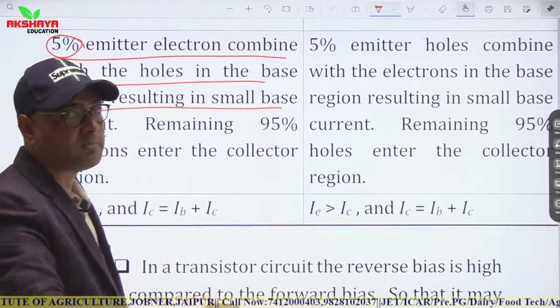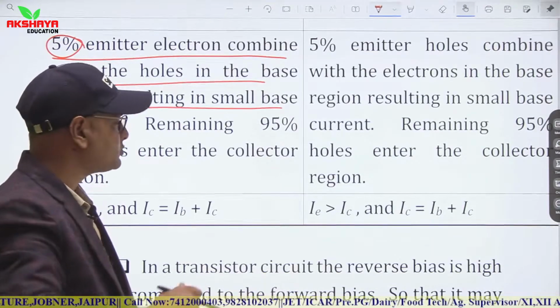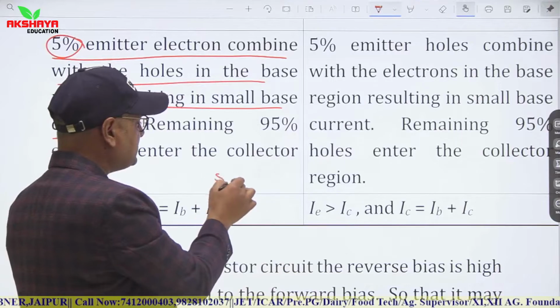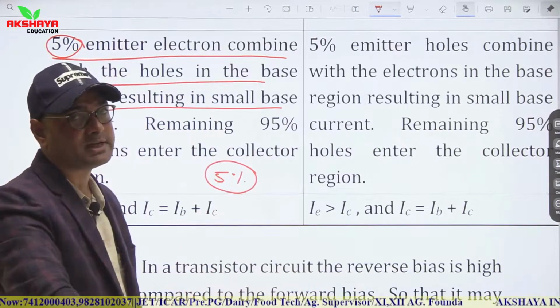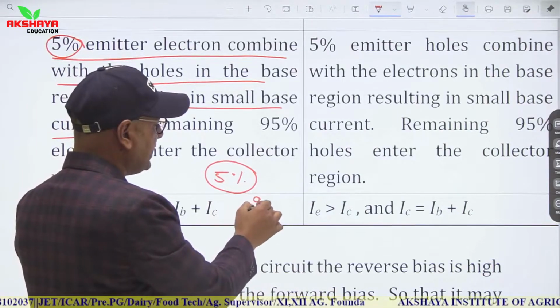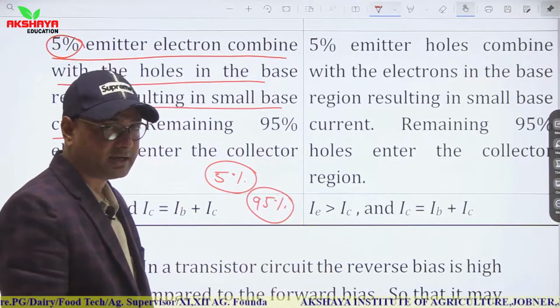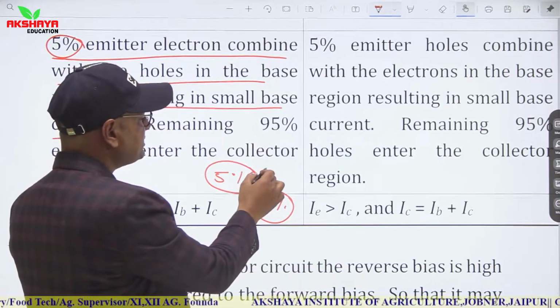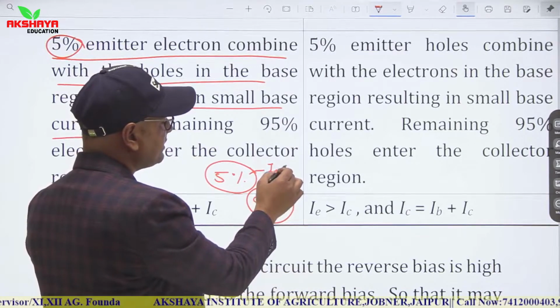So if we talk about recombination of electrons and holes in the middle section, we can say that 5% of charge carriers of opposite nature are recombined in the middle section, in the base region, and almost 95% of charge carriers are collected at the collector section. It means base current is very poor. IB is very small.